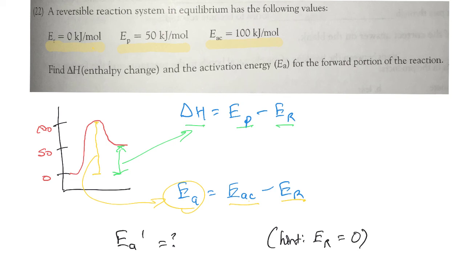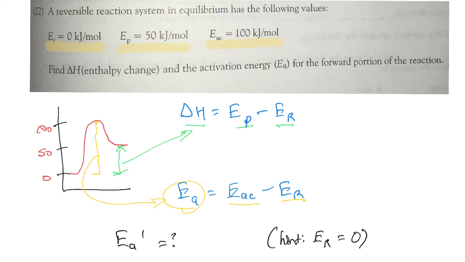Now notice, I didn't talk about this, but did you recognize whether this was an endothermic or exothermic reaction? Hopefully you said endothermic, okay? But when we reverse it and go the other way, it's an exothermic reaction. Notice when we go from here to here, the delta H ends up being the same.